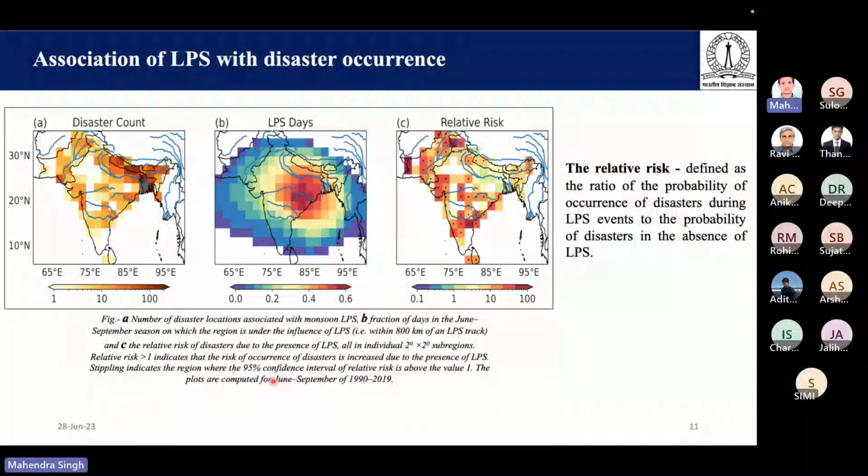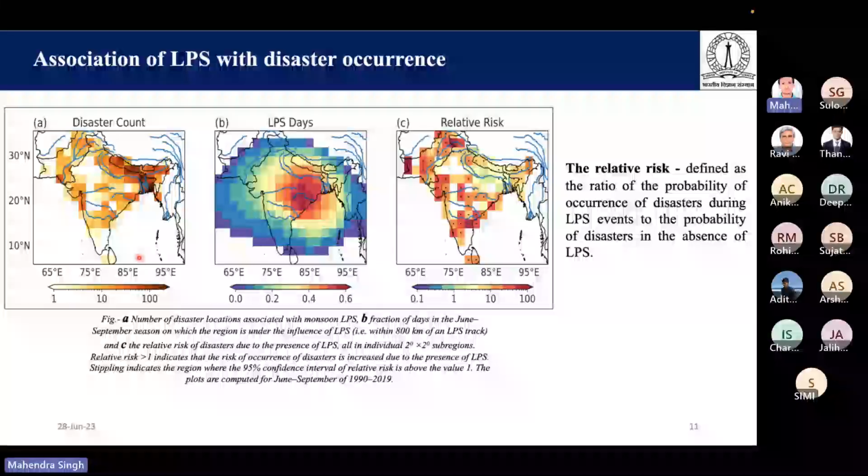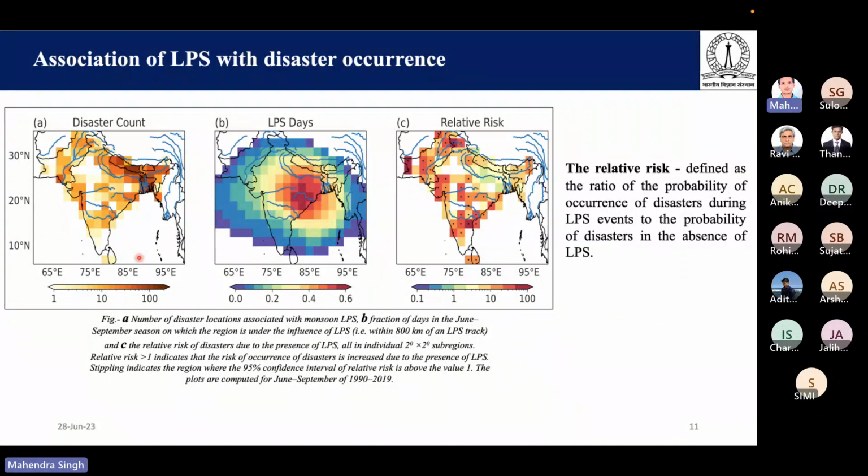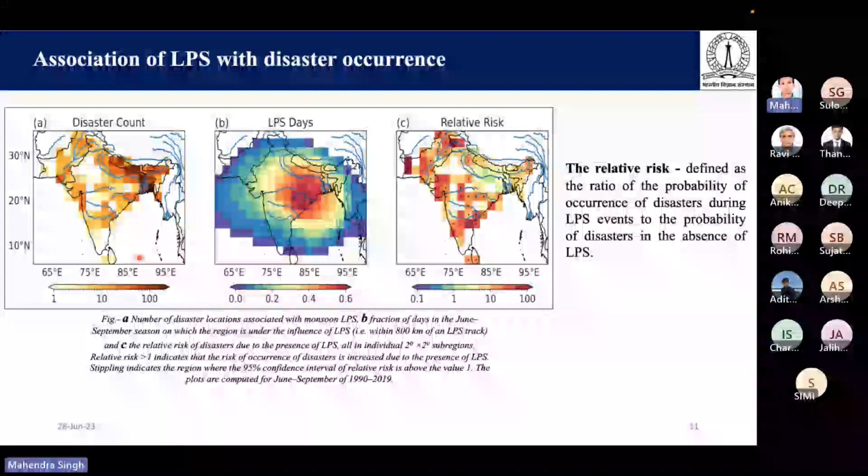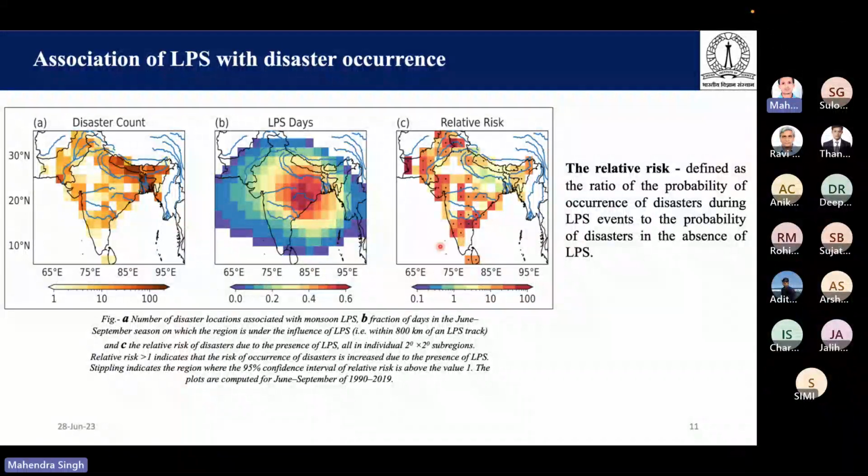These figures show the following. Figure A shows the disaster count, that is the number of disaster locations associated with the monsoon LPS, and the second figure shows the fraction of days in the monsoon season which are under the influence of low pressure systems, and figure C shows the relative risk of disaster due to the presence of the LPS.